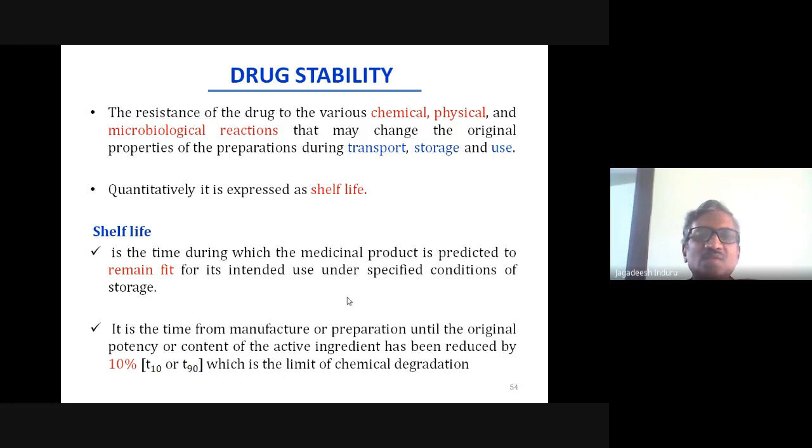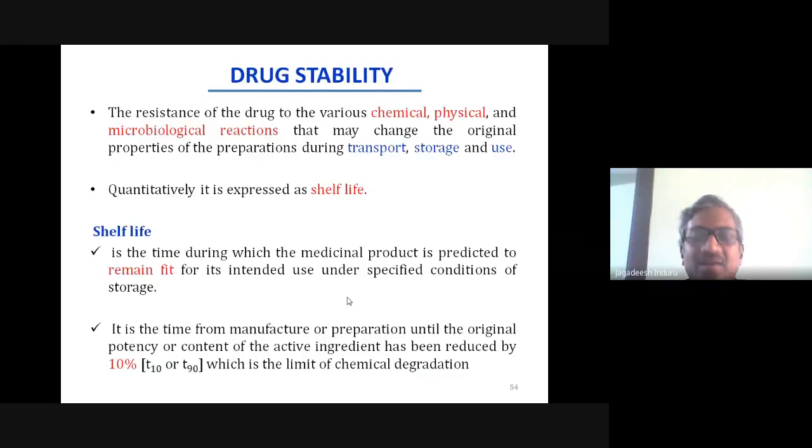So this is the limit of chemical degradation. If any product degrades more than 10% during transit, storage and use, it will not remain fit for usage. And we consider that period of 10% degradation as our shelf life.